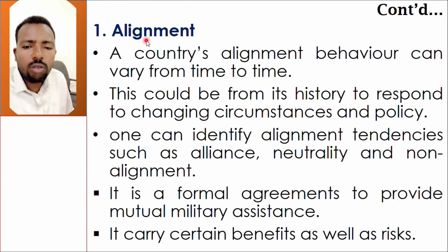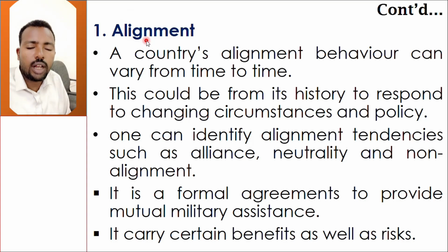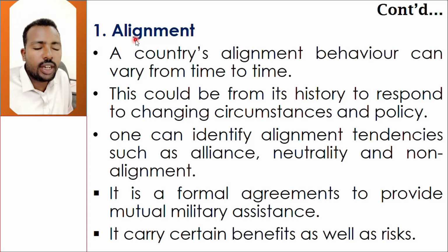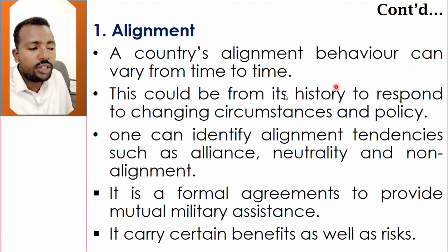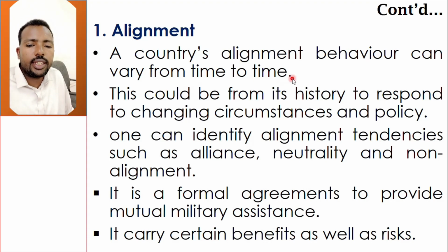Let us now start to focus on each dimension and how they operate, how they are important to analyze foreign policy. The first one is alignment. Alignment is one of the foreign policy dimensions in which a country's alignment behavior can vary from time to time. The alignment of the country differs from time to time. It changes as time passes.